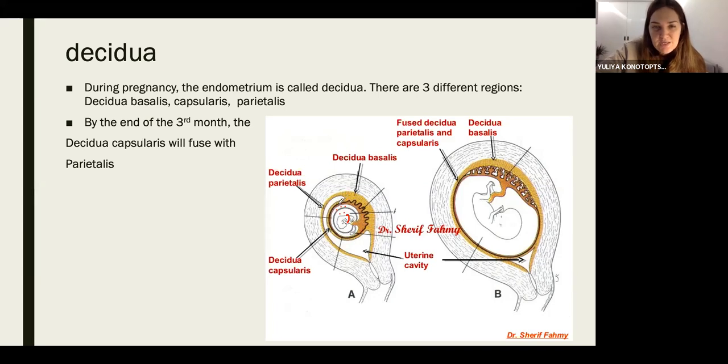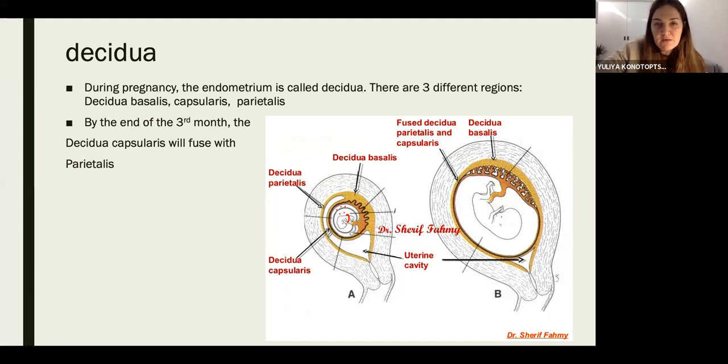So this particular endometrium, which is on the top of the embryo, this is known as the decidua capsularis, because it's like a capsule, right? So this area right here, that part of the endometrium which is outside of the embryo, this is the decidua capsularis. That part of the endometrium that has nothing to do with the embryo, so it is on the opposite side, this is known as the decidua parietalis, right?